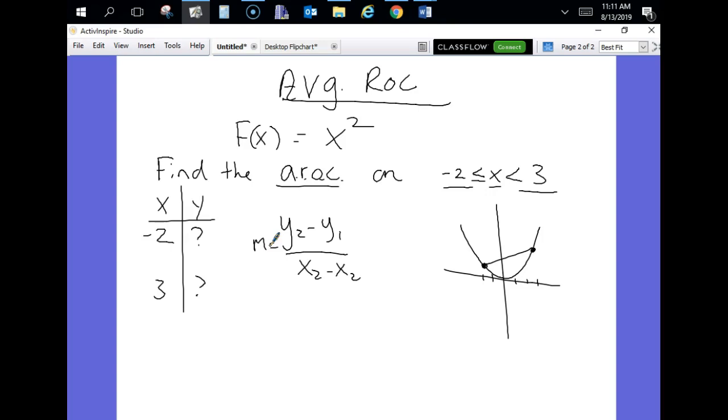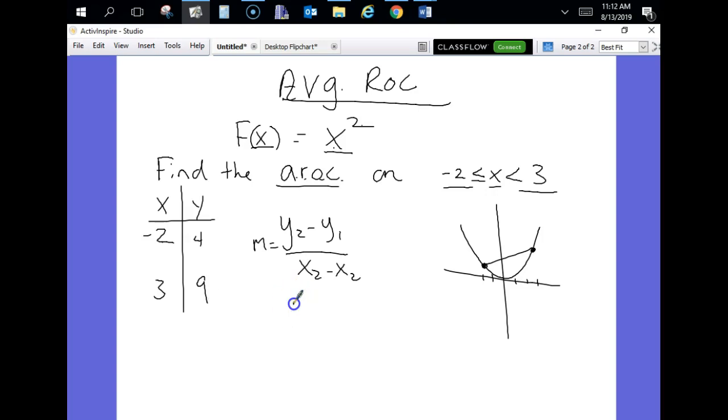So let's do that. When x equals -2, what is y? Well, let's plug it in. If you plug in -2 for x, you would get -2 to the 2nd power, which is 4. If you were to plug in 3, you would get 9. Now that we've got 2 points, I can do my slope formula.